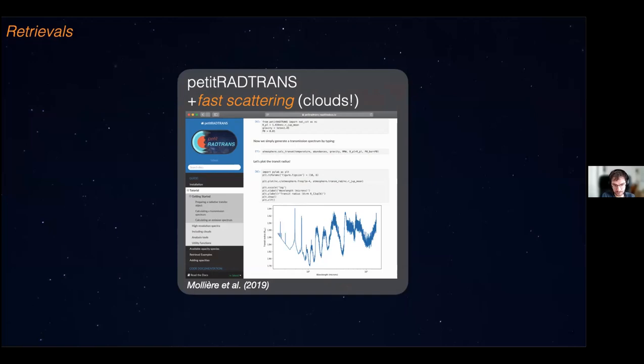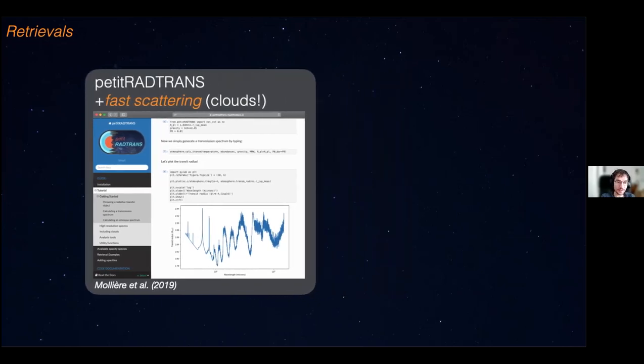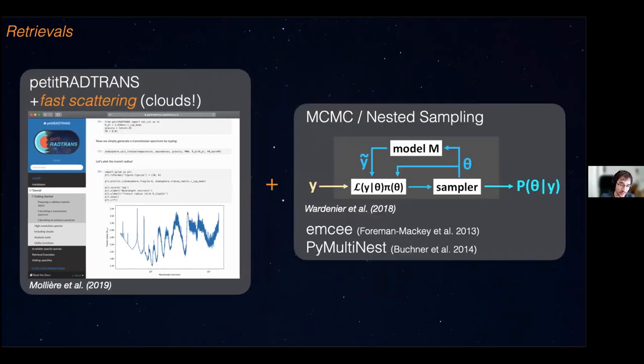And there are, of course, other codes that do that as well. To mention a few, there's TauREx, which is quite famous, PLATON, CHIMERA, NEMESIS. I'm sure I'm forgetting some, but that's the one that I wrote, so that's why I'm using that one. And this is then connected to a sampling tool, either Markov chain Monte Carlo, or nested sampling.